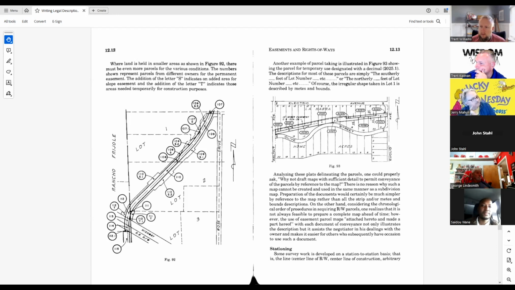They would be a metes and bounds description of the center line, but they would also call out a station when they get to the PC of a tangent curve to the right, station number such and such, as kind of ancillary information, but they wouldn't make an exclusively stationed description all the way along the alignment.